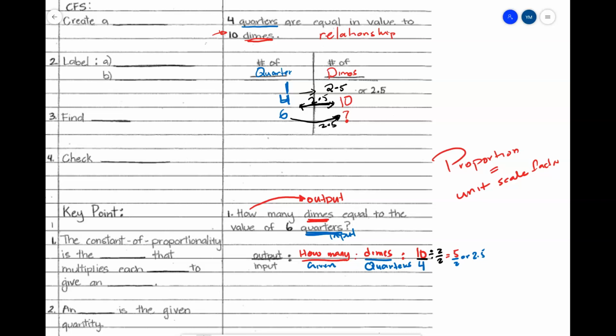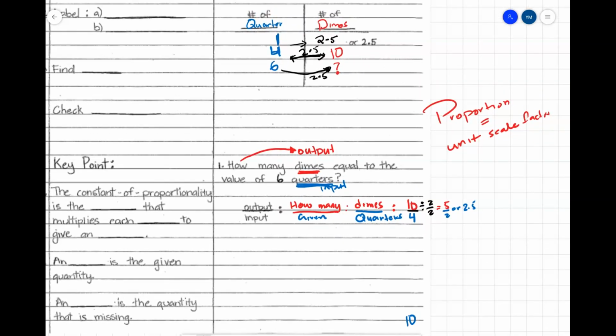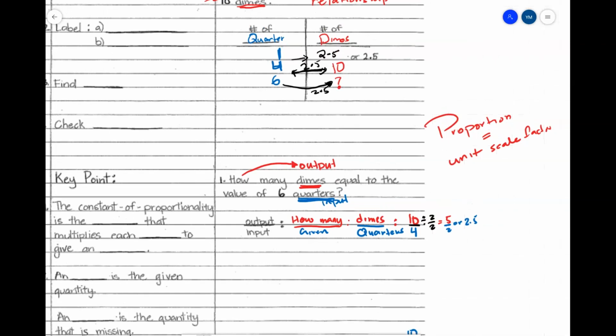Okay, so now let's look at it. So that gives us the relationship between quarters and dimes. But now, I hope it makes you think about it, what if I was given 15 dimes and I was asked to find out the number of quarters?